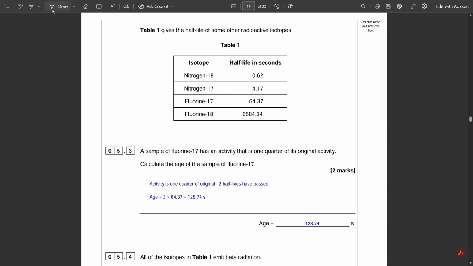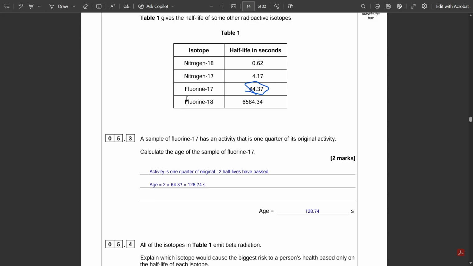So we simply multiply this age by 2 to get an answer of 128.74 seconds. That's why it's important to check your work. This is my job, or not the YouTube tutoring, and I still made a silly mistake.